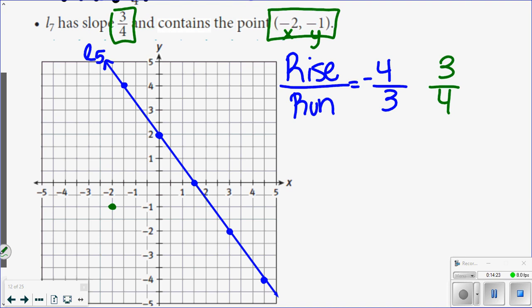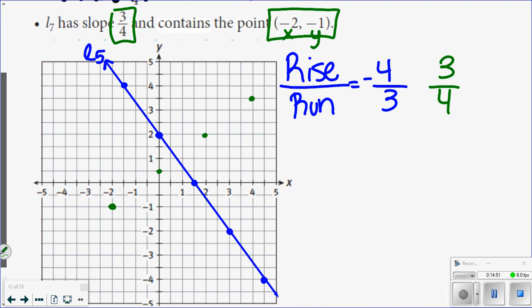We have a positive slope this time, so I am going to go up 3 boxes, right 4, up 3, right 4, up 3, right 4, till I can't draw any more.